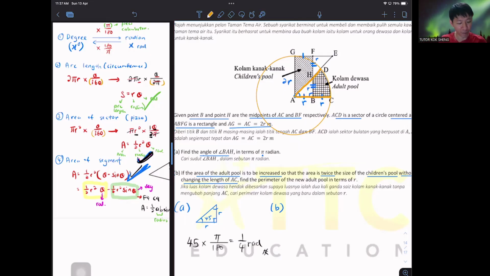Without changing the length of AC. Maybe you can digest a bit. Can change the radian? The question never says so. Maybe, yeah, maybe the radian can change. But if you change the radian, then it will include the children pool already, which means you're going to mix the children pool and adult pool.